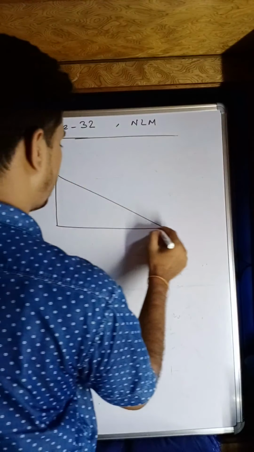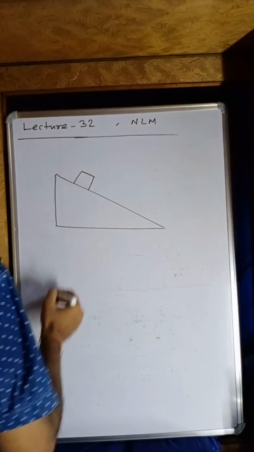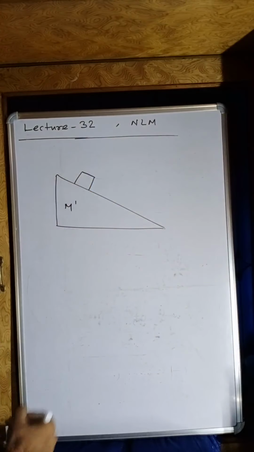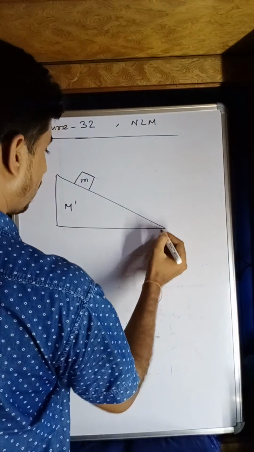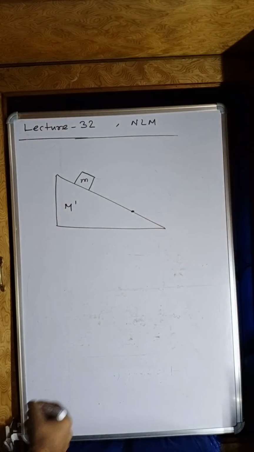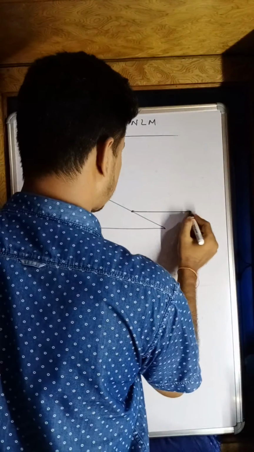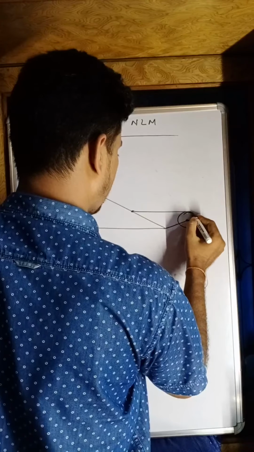This is the wedge on which a block is kept. Mass of the wedge is m dash, mass of the block is m, and this wedge is tied with a string, which goes over a pulley.